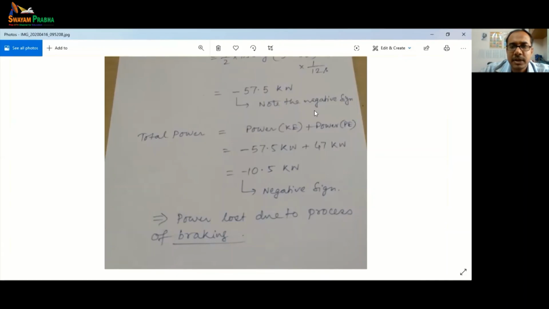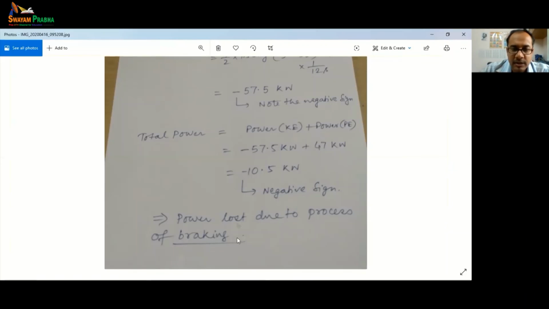So this negative sign is important, and when you do the total power calculation, again the potential energy change part is not getting affected, so it will have positive 47 kilowatts, but this kinetic energy part is now contributing negative 57.5 kilowatts. So if you sum them up, you will get a net negative 10.5 kilowatts. Note this negative sign.